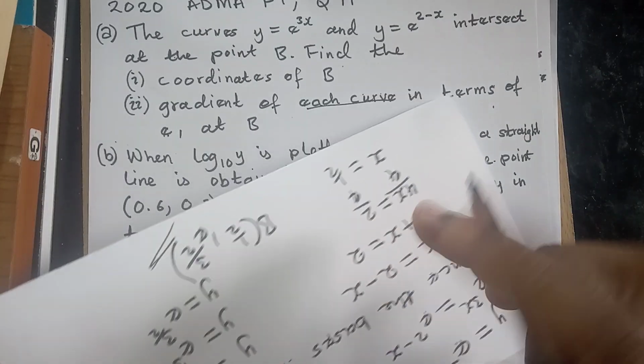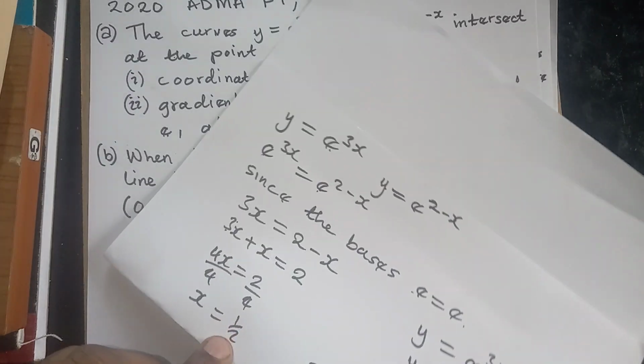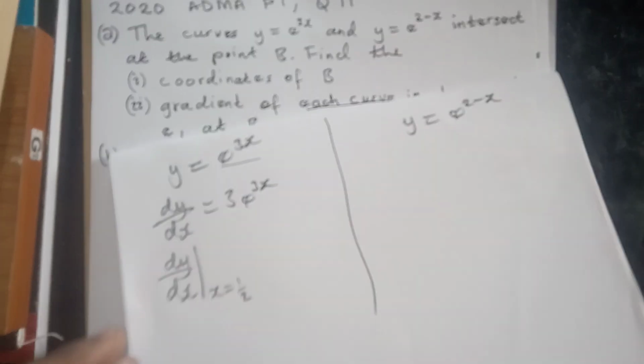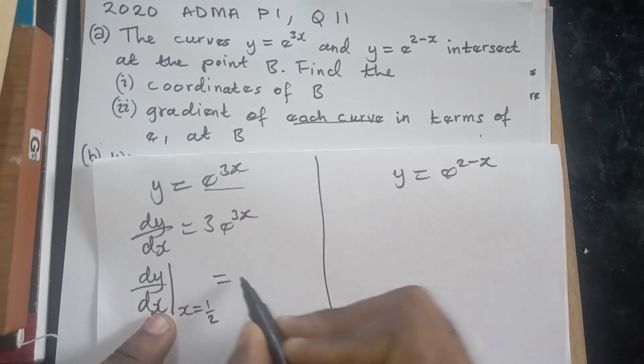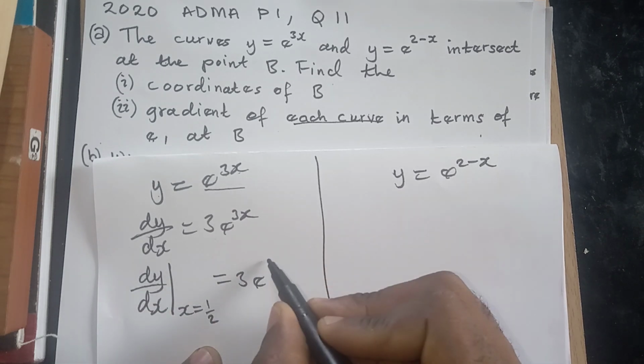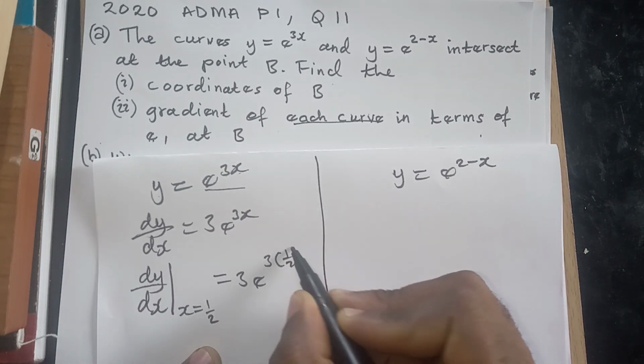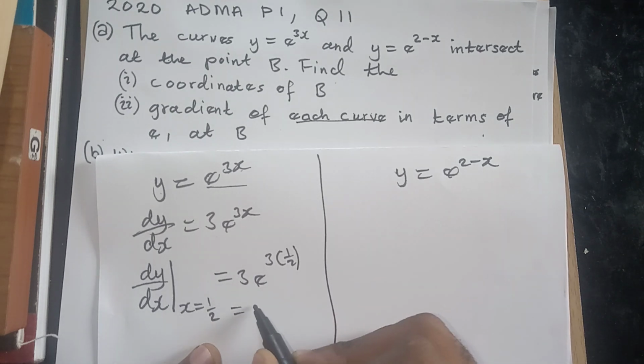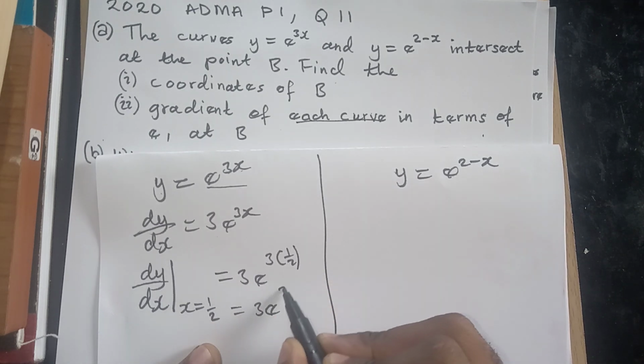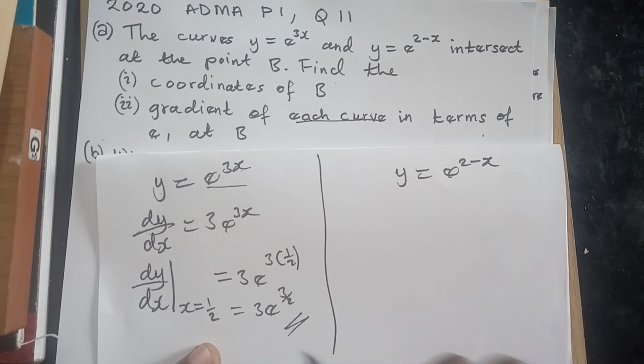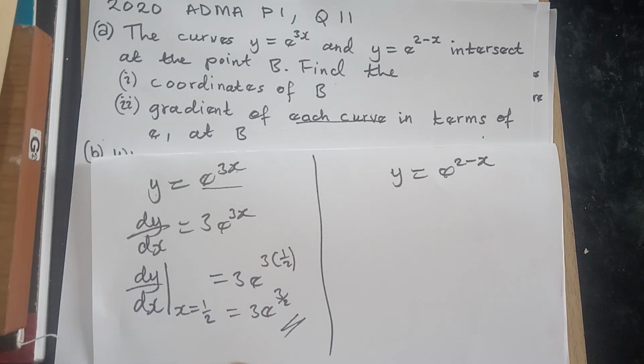We found it here. So we can say 3e to the power 3 times a half. So that means we have 3e to the power 3 over 2, and you are done. This is the gradient for this.